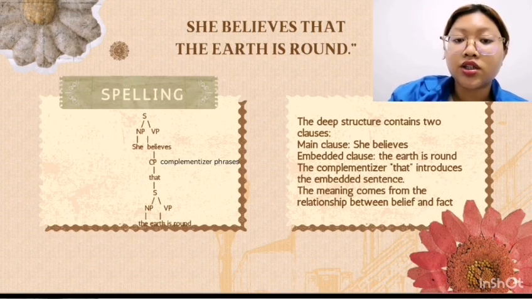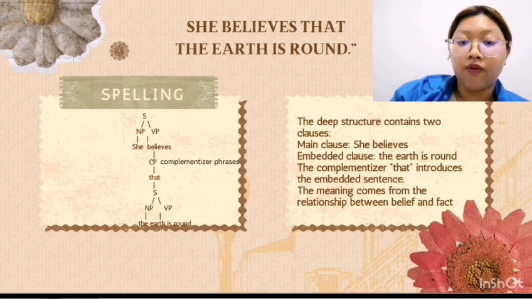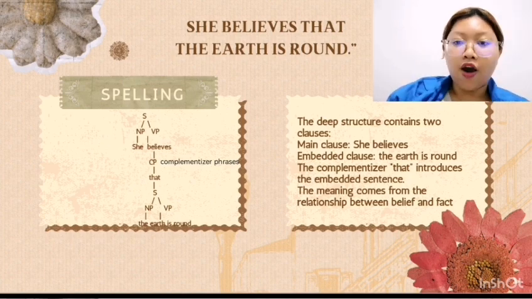The deep structure contains two clauses. Main clause: she believed. Embedded clause: the earth is round. The complementizer that introduces the embedded sentence, and the meaning comes from the relationship between belief and fact.